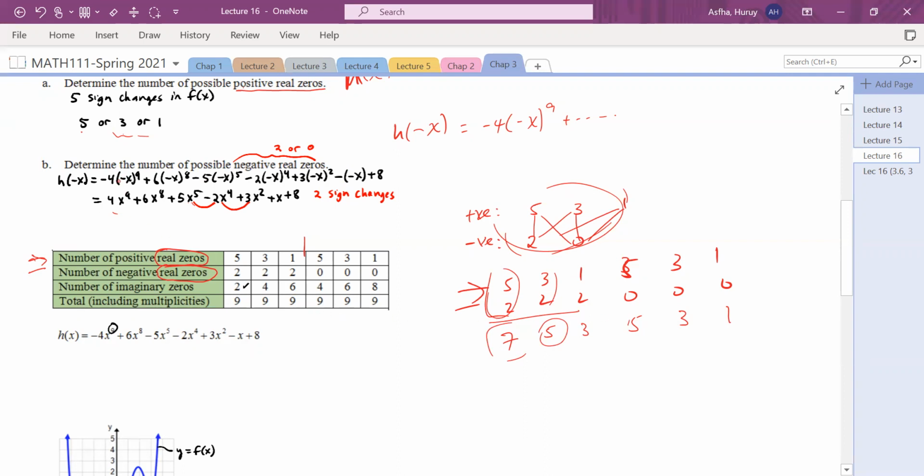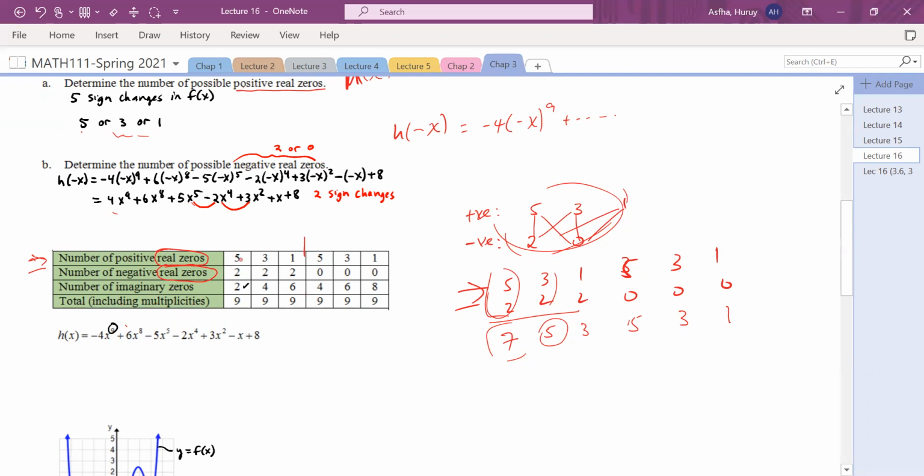But looking at the degree of the polynomial, it's degree 9, and if we count the multiplicity of the zeros, we expect this polynomial to have 9 zeros, right? So we have to make this equal to 9 when we add this, right?